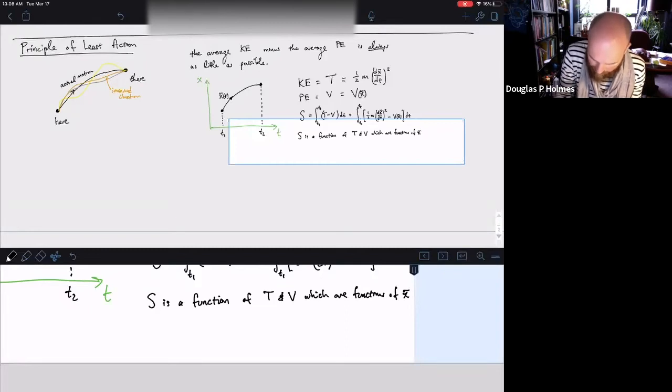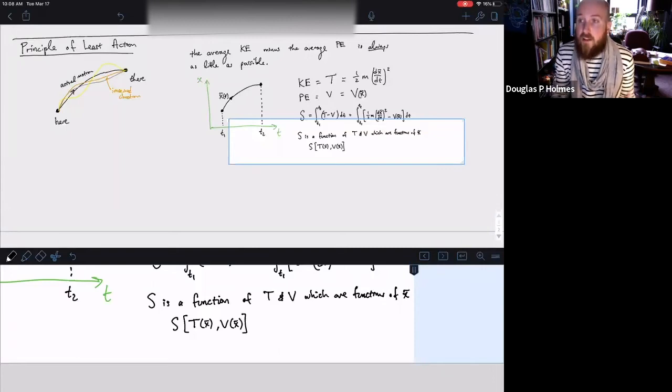Or more mathy, we would say S is a function of t, which is a function of x bar, and v, which is a function of x bar. So S is not a function, so we can't just take a derivative of it. S is a functional.